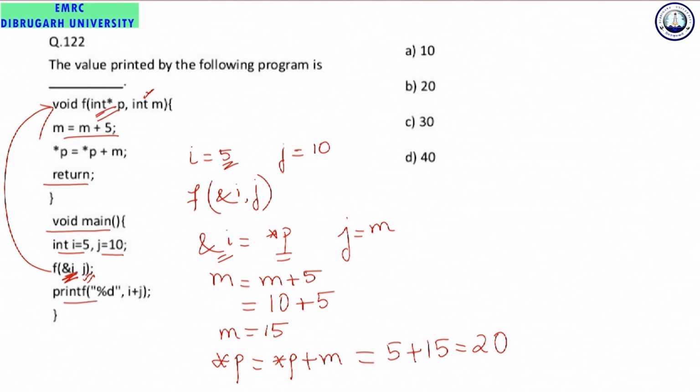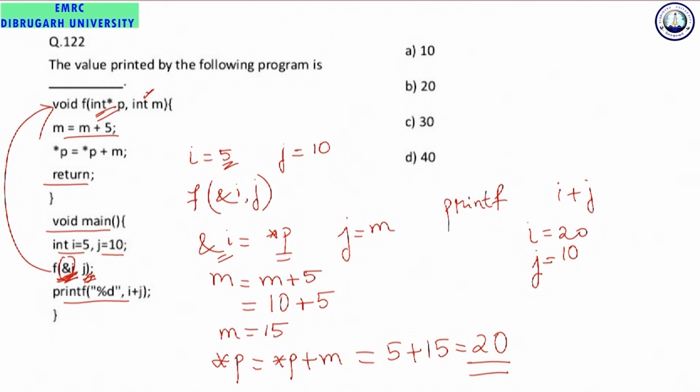So coming to this next statement, printf, within printf we are asked for i plus j. So here you can see what is the value of i returned, that is the value of p. So what is the value of p? We got 20. So i is equal to 20 and your j is equal to 10, because this one is not modified, only this is modified because of call by reference for this particular part.